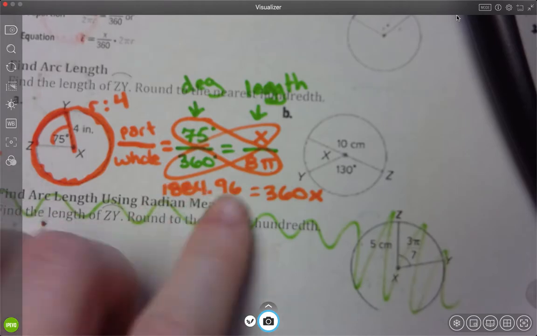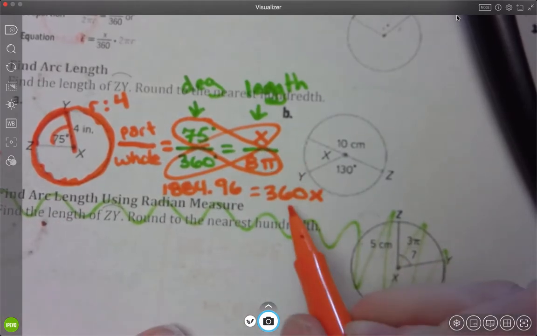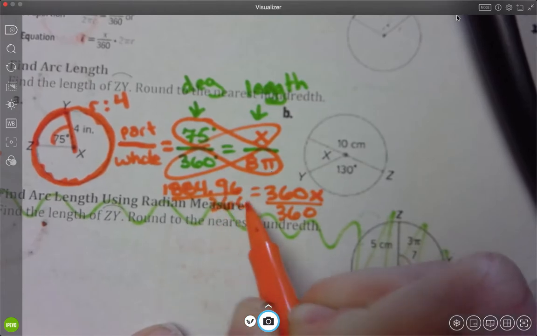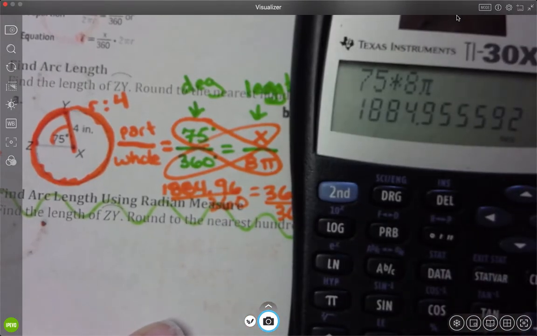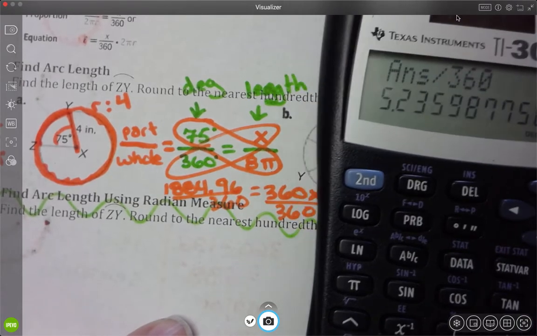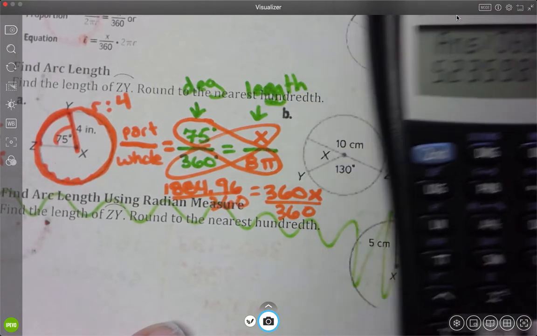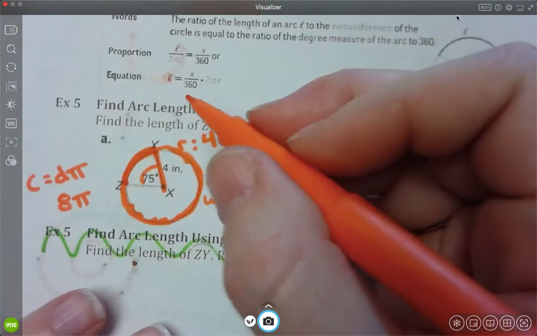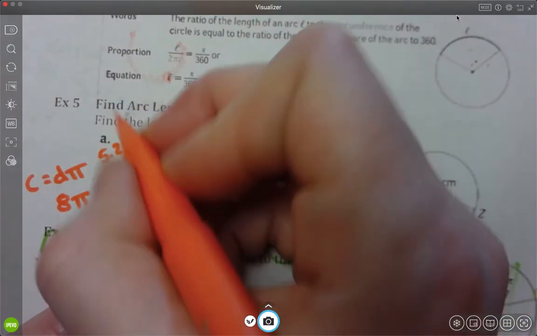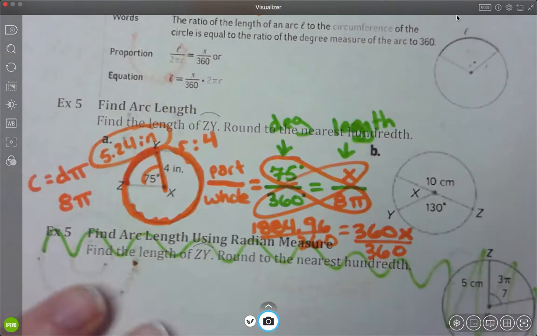And then to get x by itself, I'm going to divide by 360. Taking that number, still in my calculator, dividing by 360, I get 5.24. So this length right here, from here to here, is 5.24 inches. And that's how I do my length.